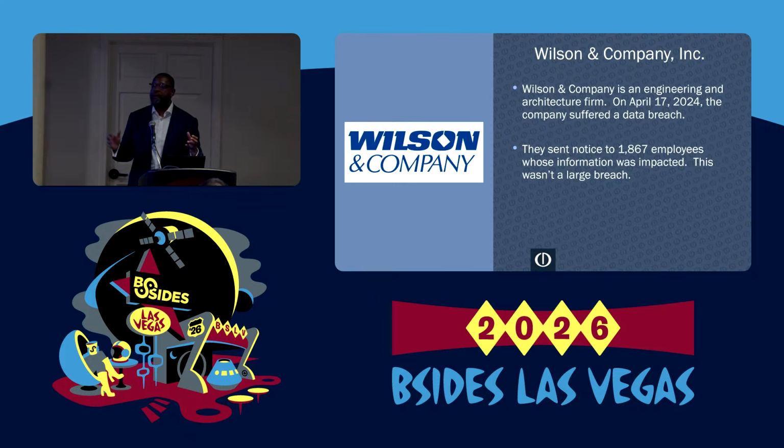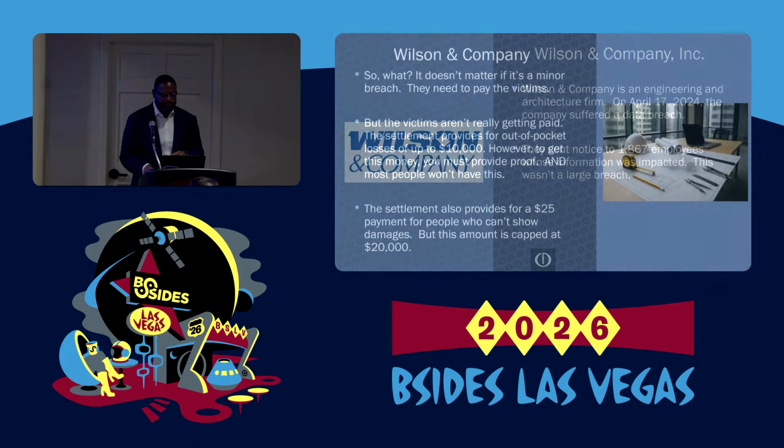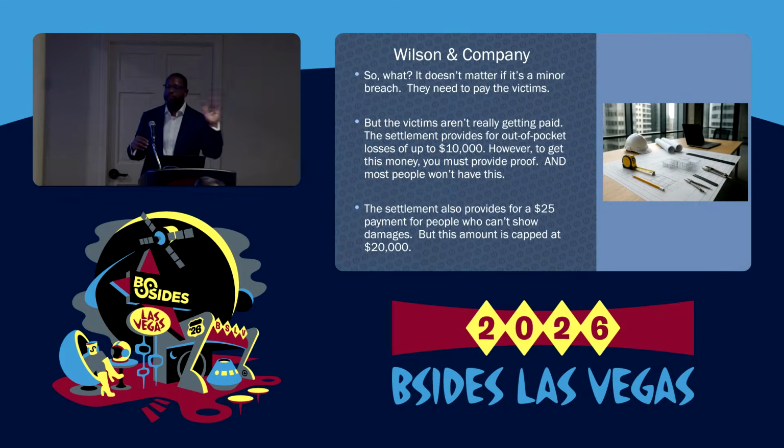It was less than 2,000 employees whose information was impacted. And you may be saying, big breach, minor breach, doesn't matter, they're victims, they should be able to sue, right? The problem is that in a lot of these lawsuits, the victims aren't the ones getting paid. They're not being compensated.